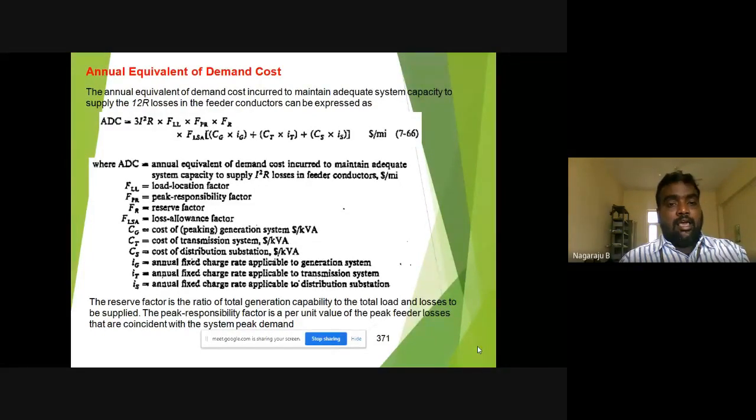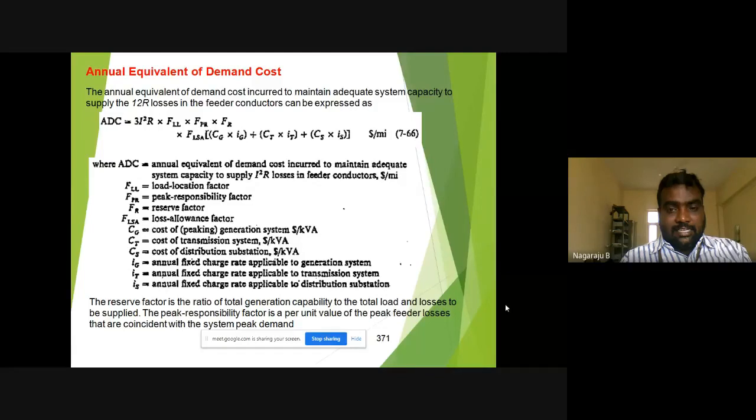Okay, and we have multiples of, again you have one constant, that constant is represented with the load location factor into cost of the generation system, the generation cost, fixed rate of the generation system. See here, CG into IG, CT into IT, CT into IS.